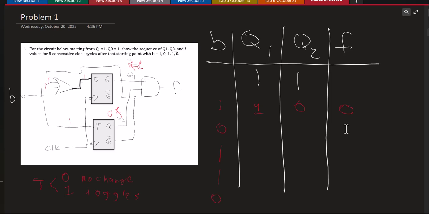Okay, so now we're on the next clock cycle, and B is 0. And so our input into the T flip-flop is 0, and a 0 into a T flip-flop means no change. So Q2 is going to remain 0.